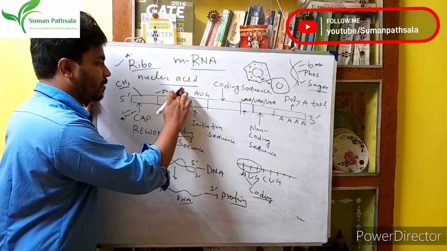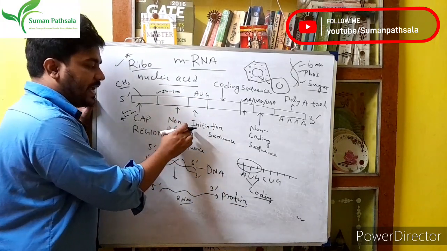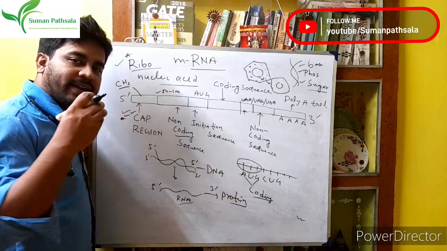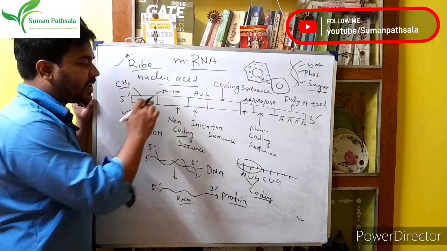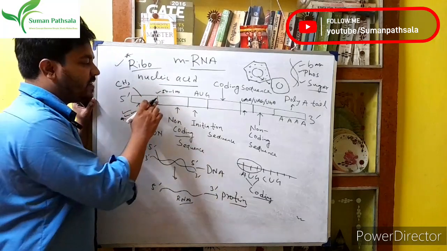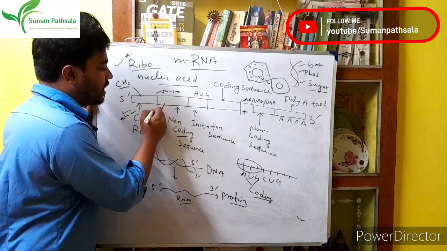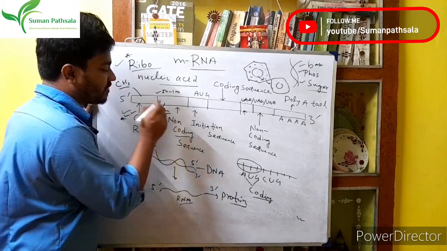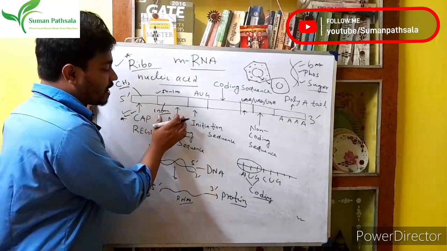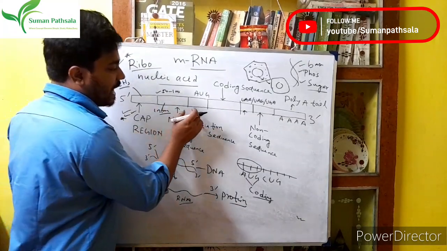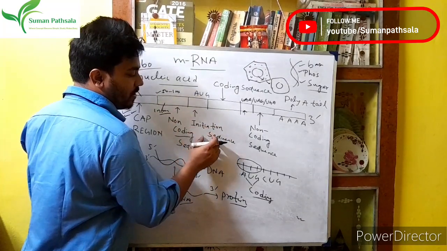Clear? Okay, this is non-coding. That means it does not have any recognition site to join any sequence. This is just a non-coding sequence because it does not carry any character, and it is also called the intron. Clear? Okay. After the non-coding sequence, there is a sequence that is called the initiation sequence.